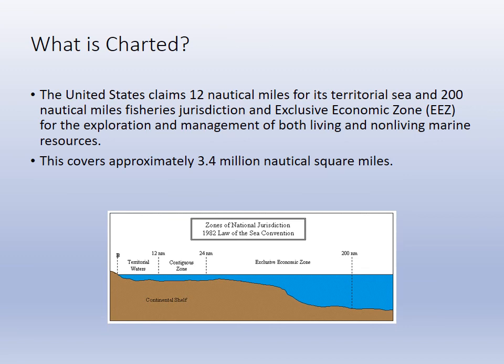So in 1982, the International Law of the Sea was adopted for this. A nautical mile is based on latitude, where a statute mile is far more random. Nautical miles are a little bit longer than statute miles.